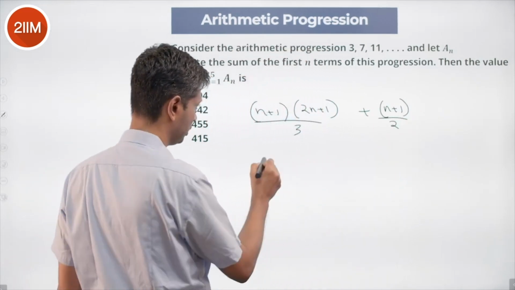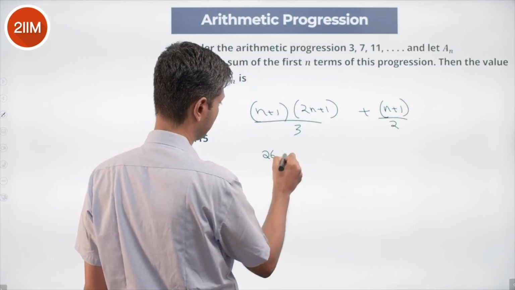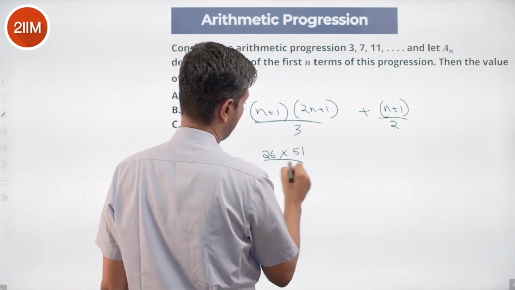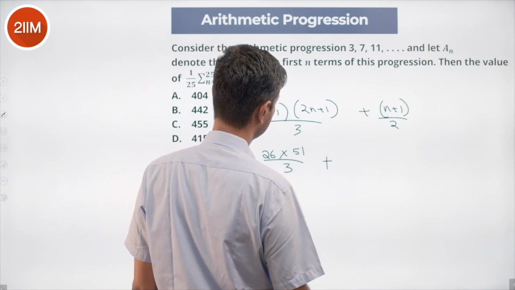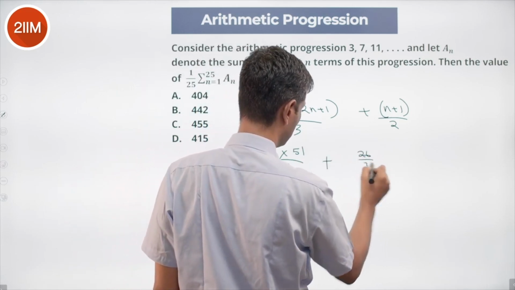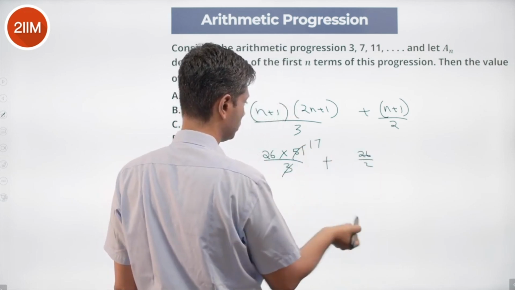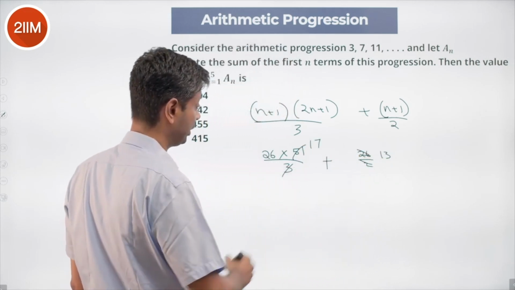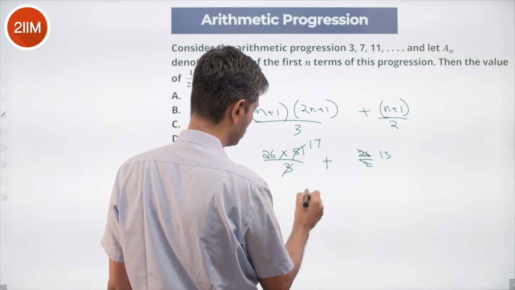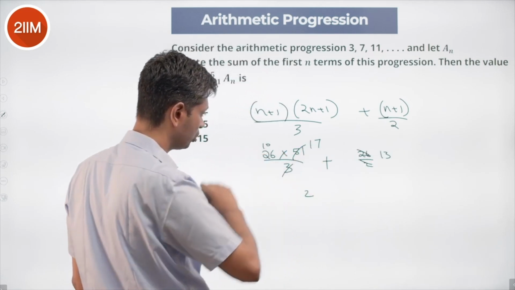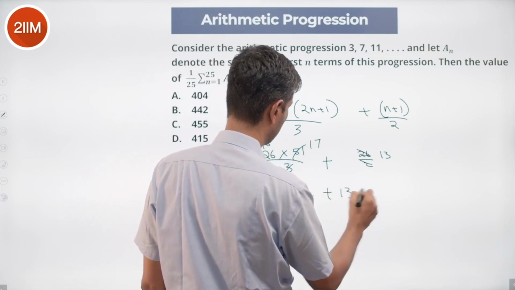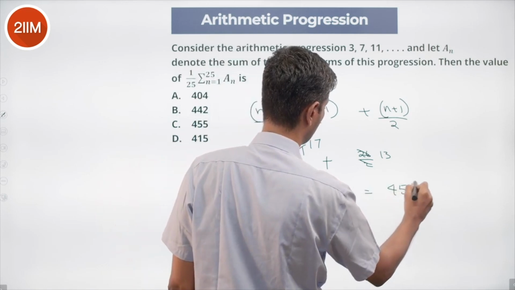Where n is 25, 26 into 51 by 3 plus 26 by 2. This is 13. 26 into 17, 17 6 are 102, 210, 17 into 2 is 34 plus 10, 44, 442 plus 13, which is 455.